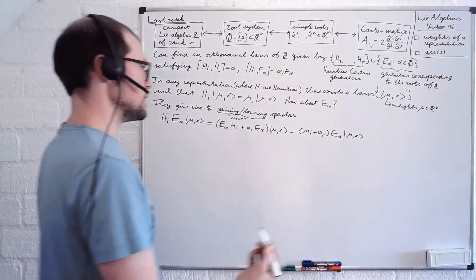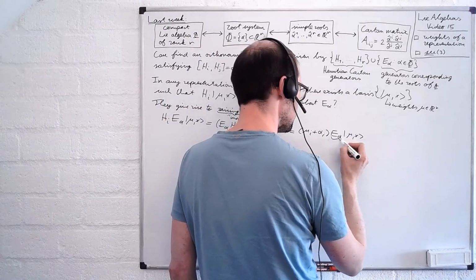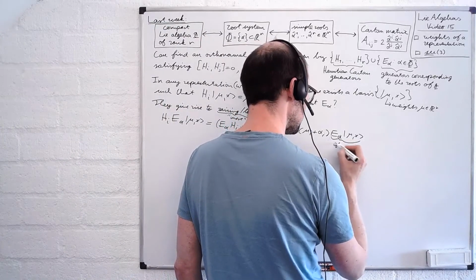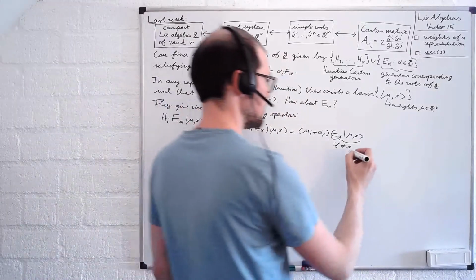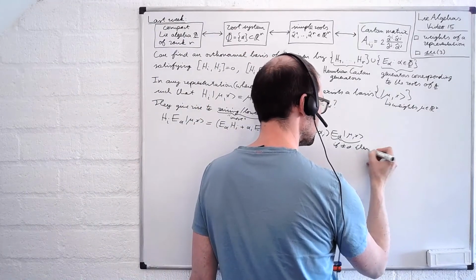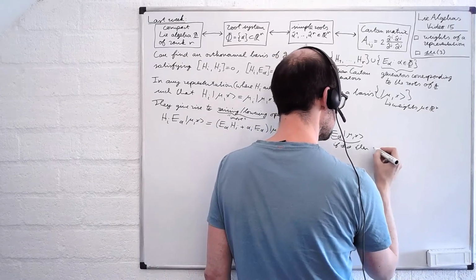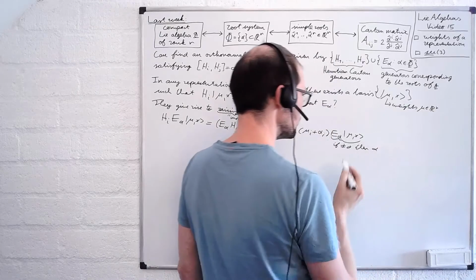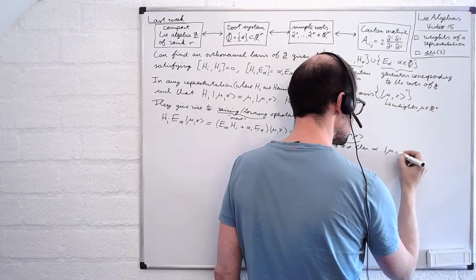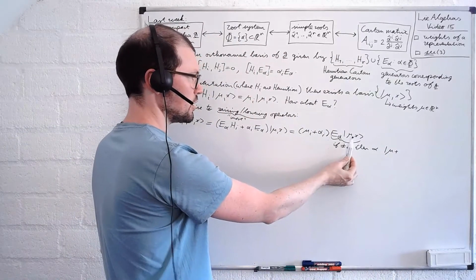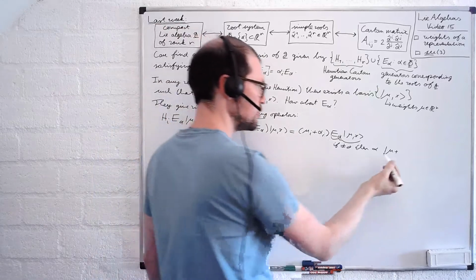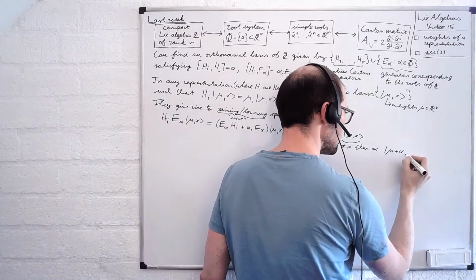So this means that if this is non-zero, then it is proportional to a state which is an eigenvector of the Cartan generator with these eigenvalues. So it has weight mu plus alpha.